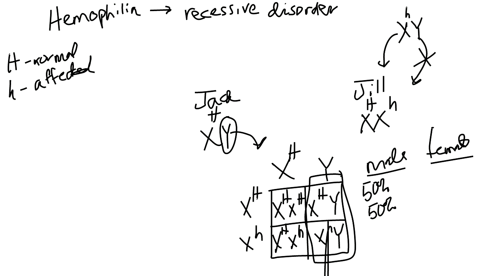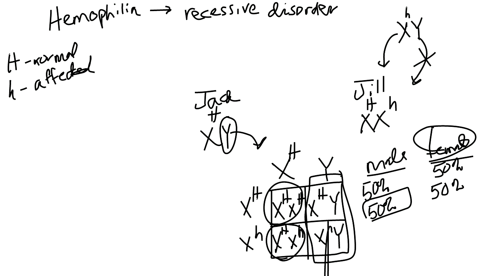For females, we have 50% that are completely normal, homozygous for the normal allele, and we have 50% carriers, that are heterozygous. They have one good and one bad. But we have no female children that have hemophilia, whereas 50% of the male children are going to be hemophiliacs.